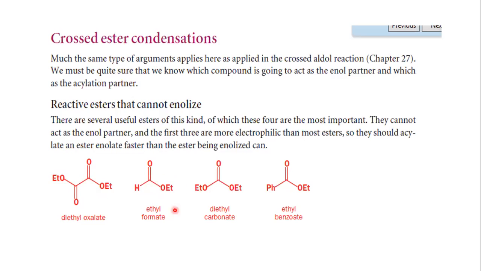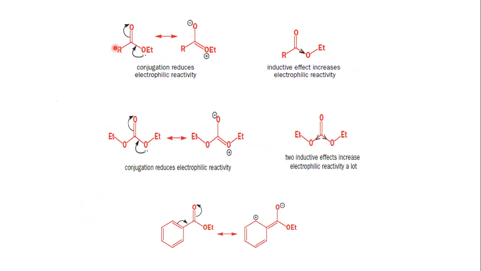We'll come to the second molecule, ethyl formate. If you see with ethyl formate, here R is nothing but H, that is the change here. You can see here, conjugation reduces the electrophilic reactivity. You can see the lone pair goes to this carbon oxygen bond, and the double bond goes to the oxygen, due to which the positive charge which should have been there on this carbon is not there.